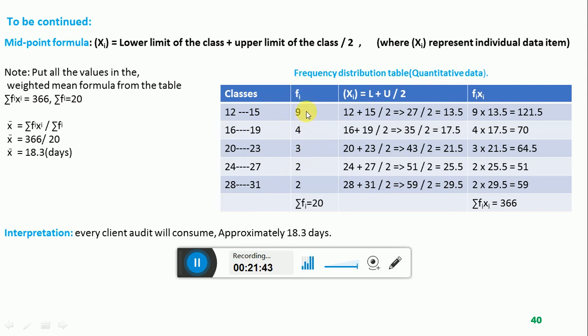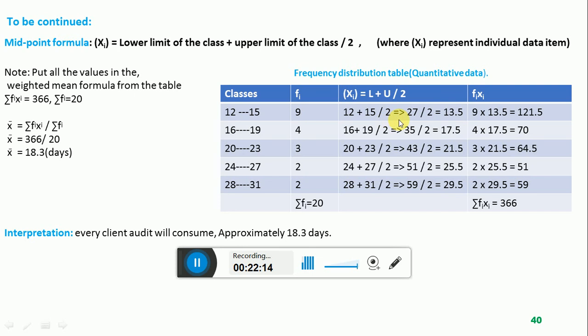So first class frequency is 9, data item of the first class is 13.5. 9 multiplied by 13.5 is equal to 121.5. This is the total weight of the first data item 13.5, multiplied by its corresponding weight, which is frequency 9. Now the weight of the second class: 4 is the frequency of the second class, multiplied by data item 17.5. So 4 multiplied by 17.5 is equal to 70.